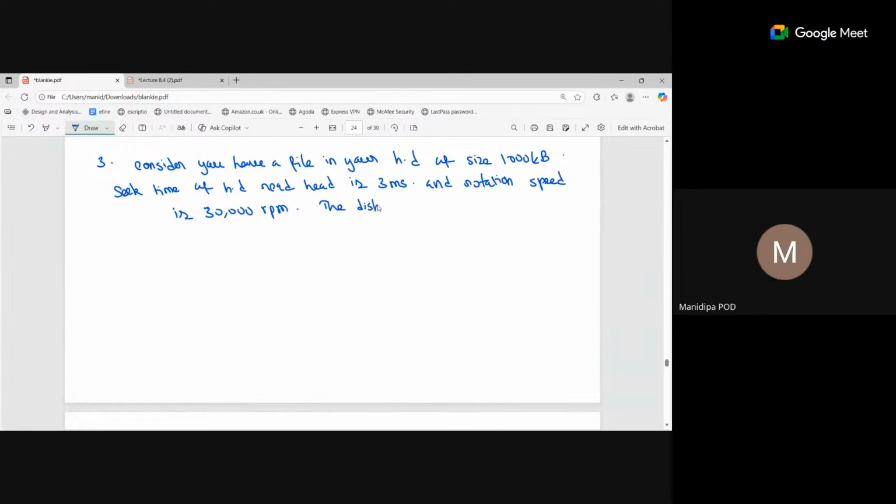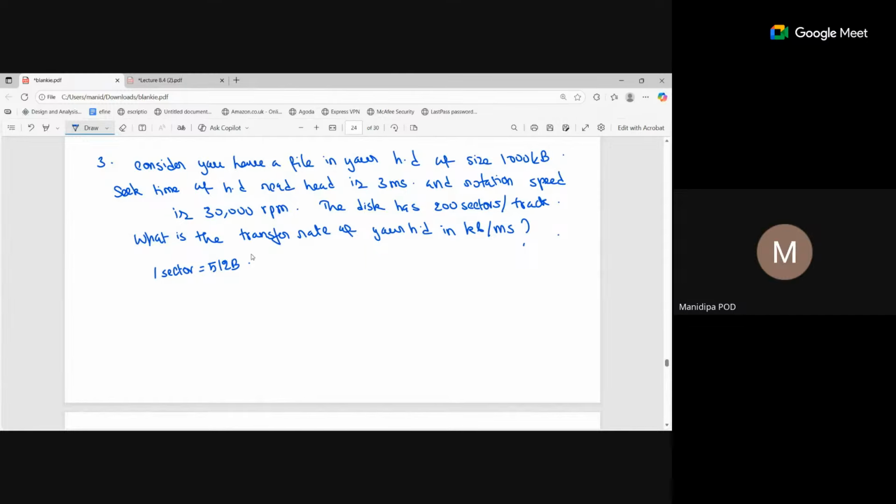The disk has 200 sectors per track. Question is, what is the transfer rate of your hard disk in KB per millisecond? Also here, let's say one sector can carry 512 bytes.